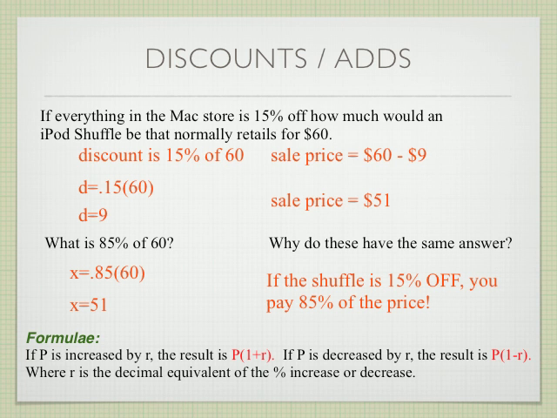If P is increased by R, I take 1 plus R. So if I'm increasing, that's adding sales tax, or adding a shipping cost that's a percentage, I just multiply that price by 1 plus R. If I'm decreasing the price by a percentage, that sale price is 20% off, 50% off, what if everything in a store is 80% off, I take 1 minus R. So R is the percent increase or the percent decrease.